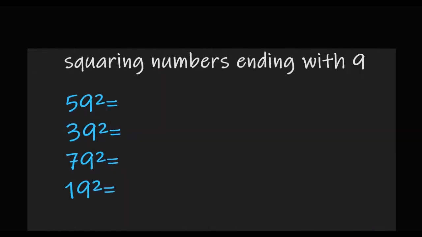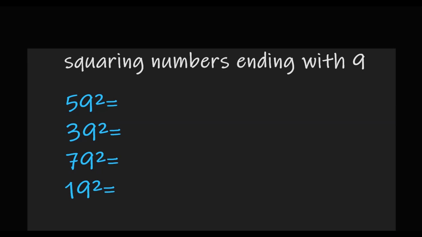And last, I want to explain to you how to square numbers that end with 9. And let's go. We are going to use the same principle that we used when we calculated 34 squared. But in this case, we are going to make the number that ends with 9 a tenth.